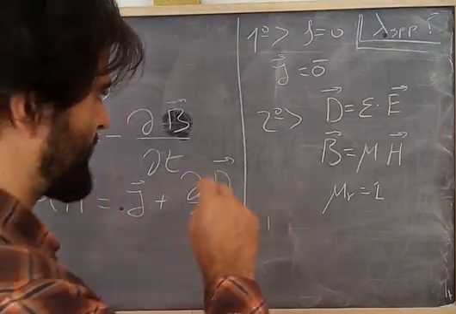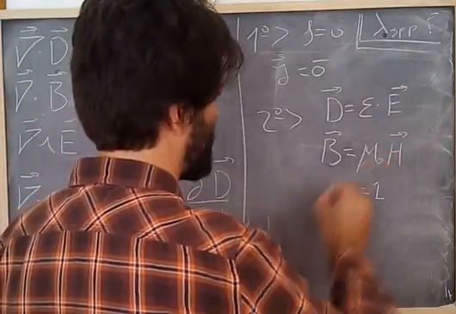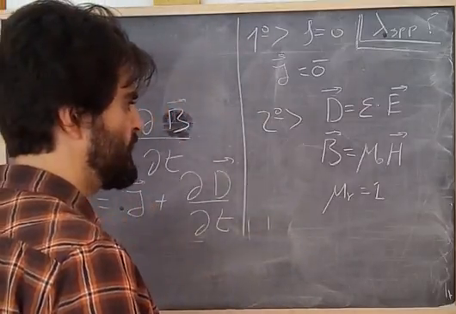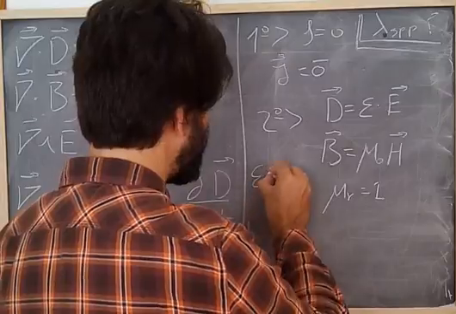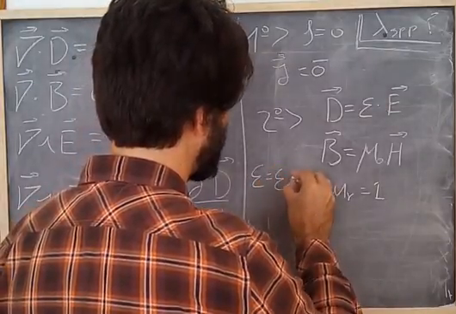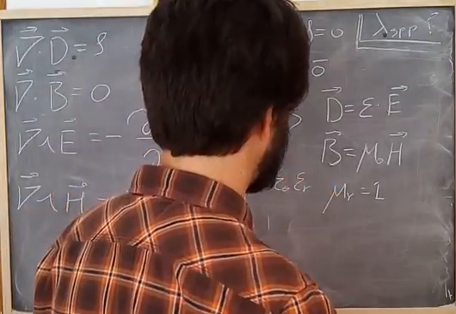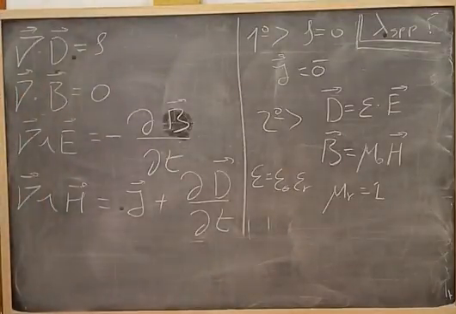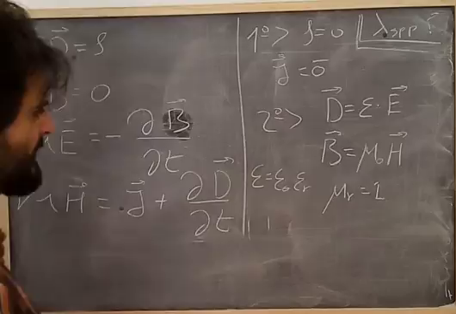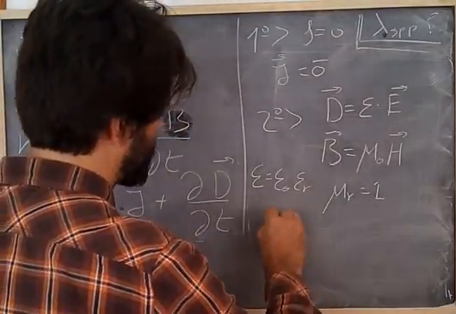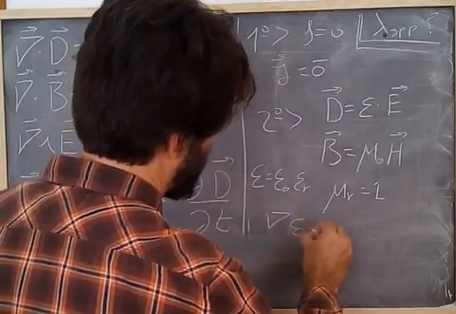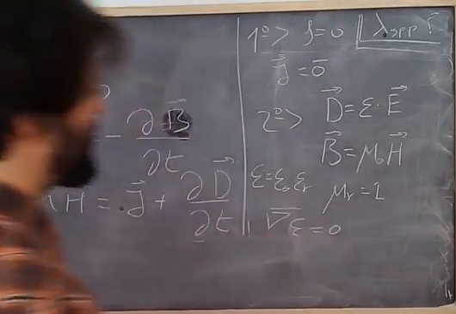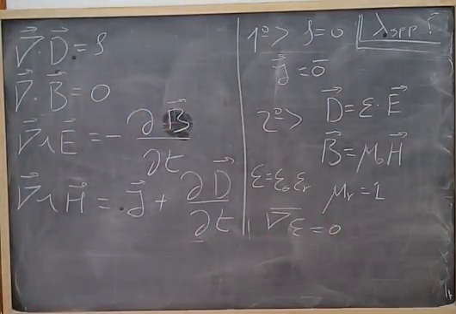This allows us to write this parameter as mu 0. And this is equal to epsilon 0 multiplied by the relative electric permittivity. But there is something more. We have zero space variation of the electric permittivity.